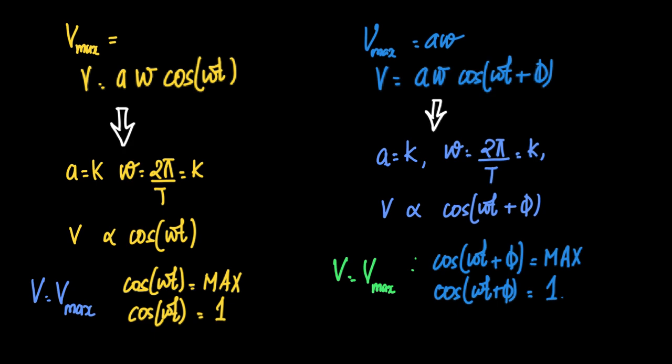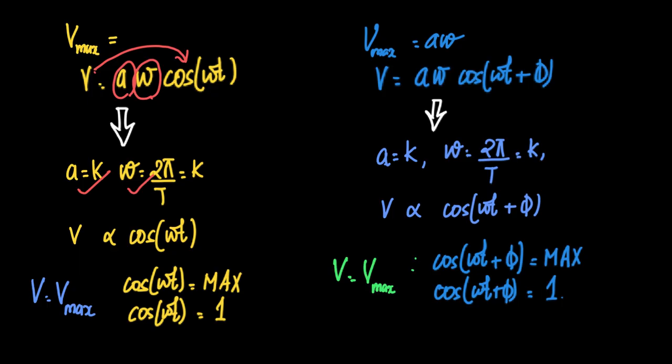Here, a is a constant, omega is a constant, which means velocity depends only on cos omega t. Or in other words, velocity is proportional to cos omega t.